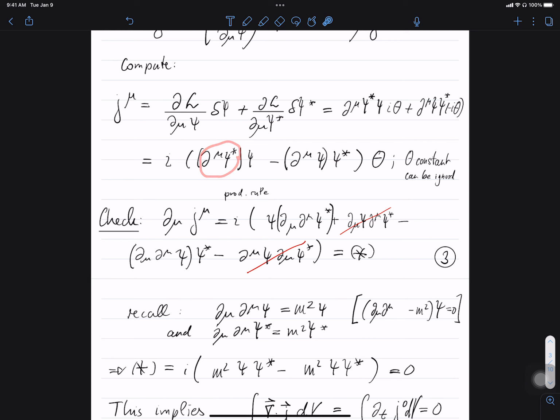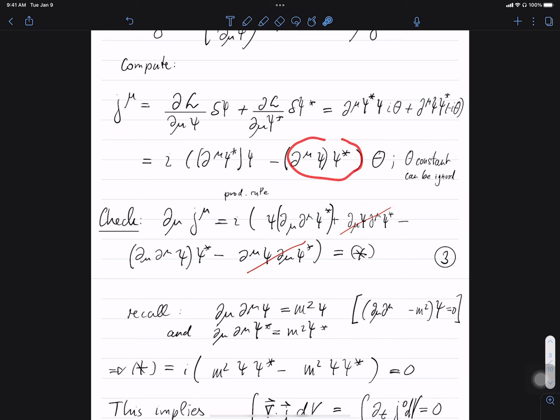All right, so we have this bit where the derivative now acts on this d mu psi star. So we have d mu psi star, and psi is unaffected. And the next term is d mu psi star, and then the derivative acts on psi. So we have d mu psi star.